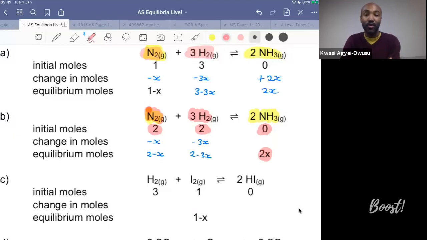Okay, so we're using up x moles of nitrogen. That means at equilibrium, you've got 2 minus x moles of your nitrogen. Okay, if x moles of nitrogen is being used up, the molar ratio of nitrogen to hydrogen is 1 to 3. That must mean that you're going to be using up 3x moles of hydrogen. Okay, so at equilibrium, you should have 2 minus the 3x moles shown here.